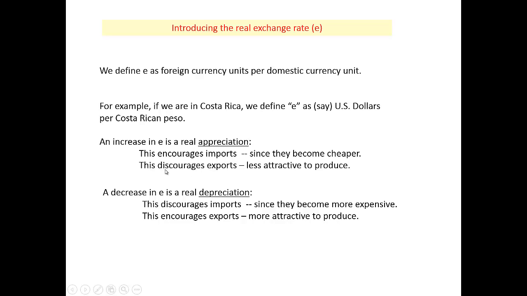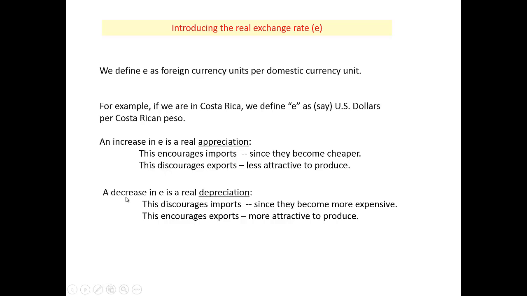This is going to discourage exports. Why? Because they're going to become less attractive to produce. Let's say that you're an exporter and you're receiving dollars and you want to purchase Costa Rican pesos. So when Costa Rican pesos become more valuable, it becomes less attractive for you to be exporting.